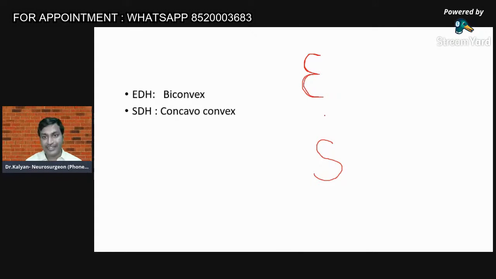So I remember extradural hematoma, because it starts with E, both the curves are to the same side. So I remember it as biconvex.